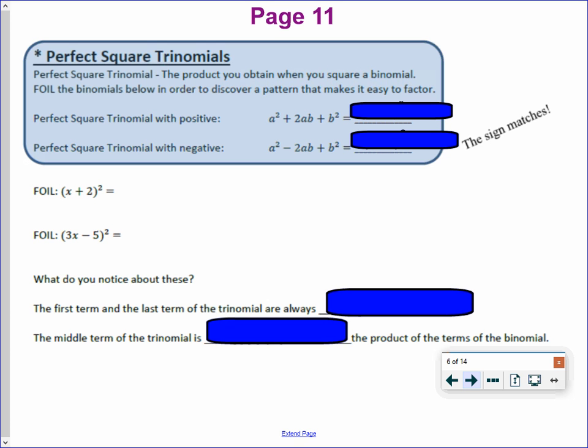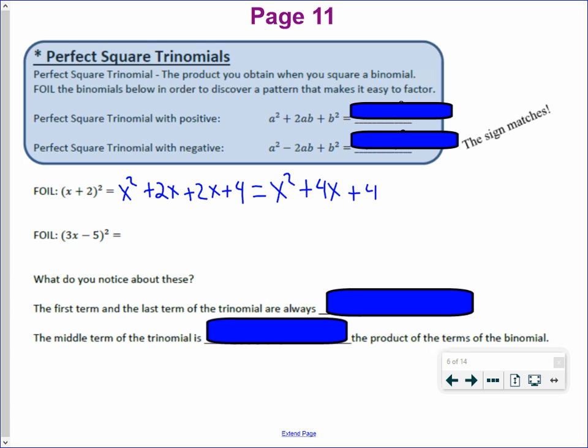So we have x plus 2 all squared. If we FOIL that out, we get x squared plus 2x plus 2x plus 4, or we get x squared plus 4x plus 4.